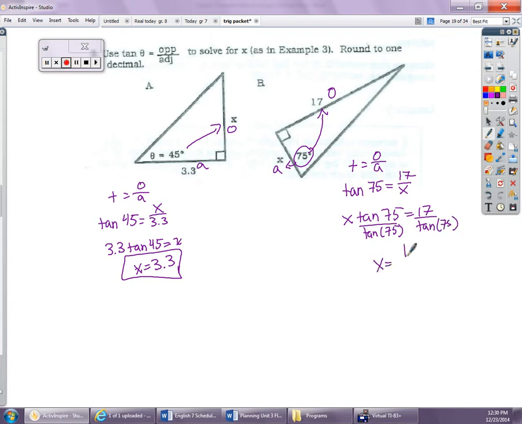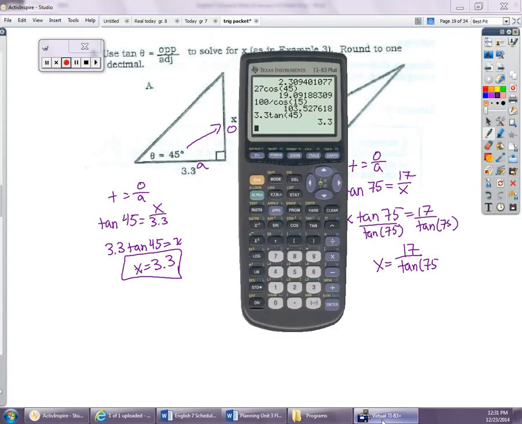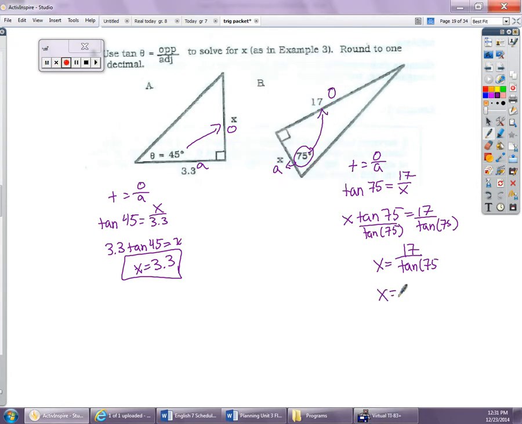So x equals 17 divided by the tangent of 75. So 17 divided by the tangent of 75 gives us approximately 4.55, which is 4.6.